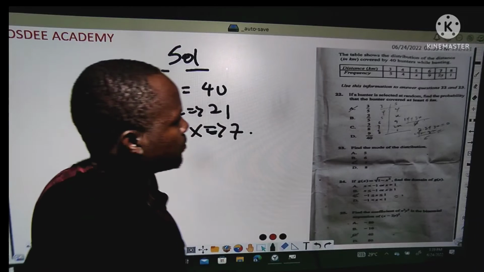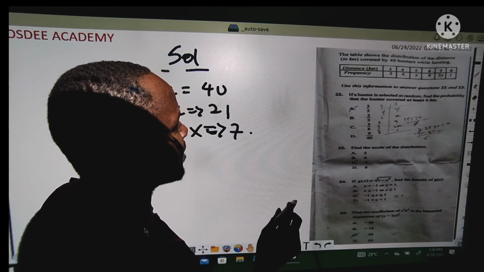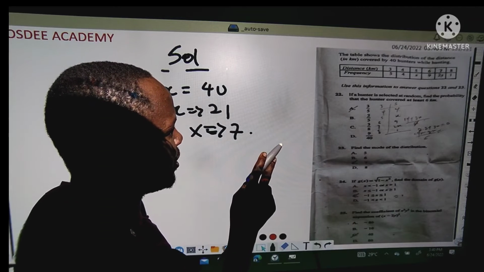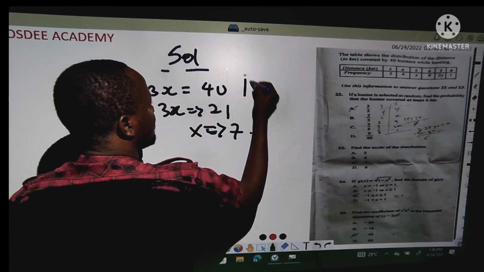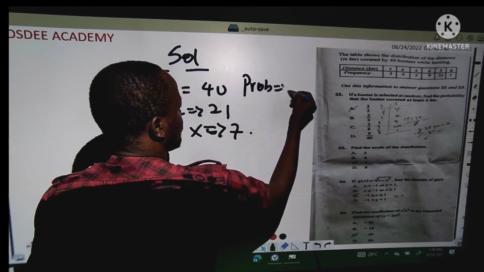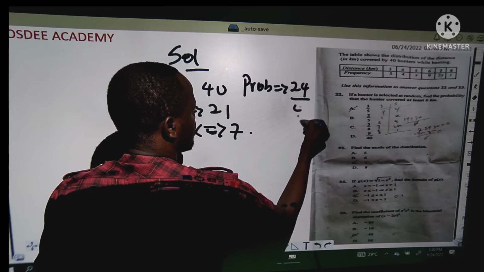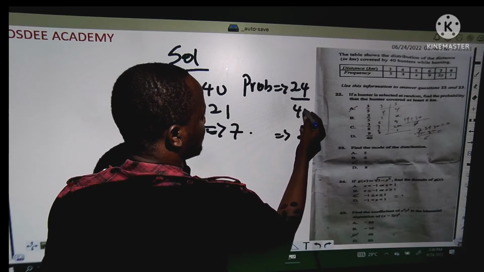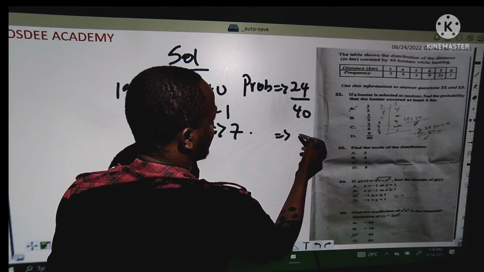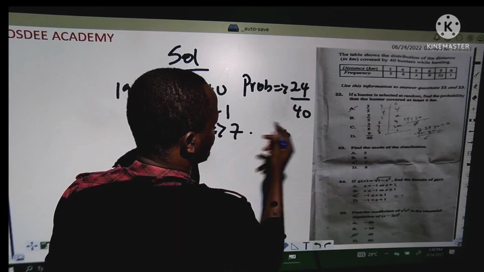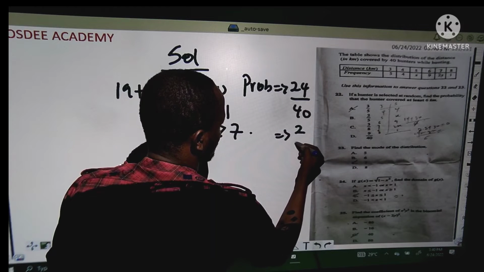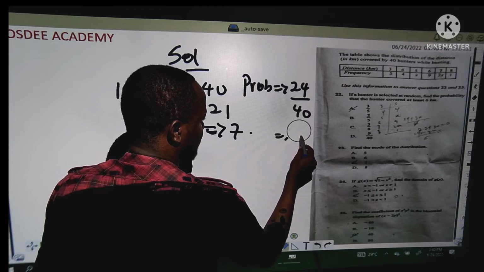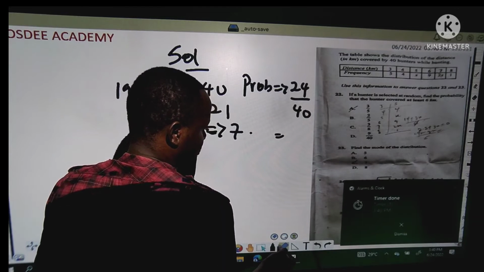So if x is 7, I'm looking for 6 and above. 6 is 9. 9 plus 2 times 7, that's 14, that's 23, that's 24 over 40. Probability is possible outcome. So there are 24 people out of 40. Let me do it a simpler way, because I'm rushing.